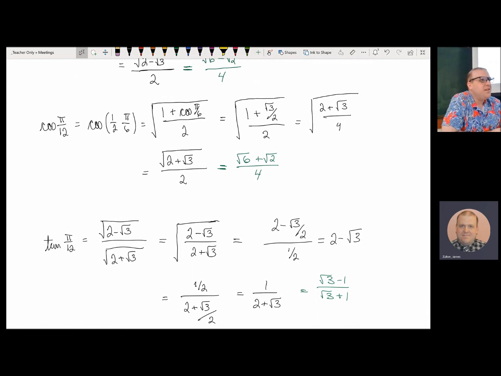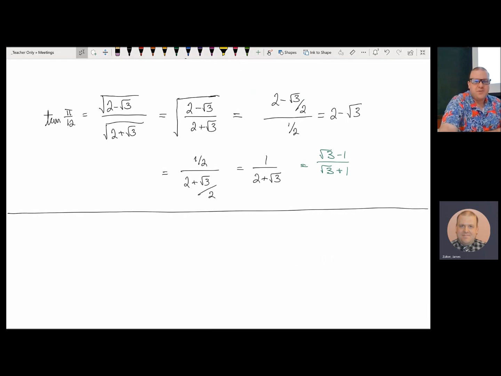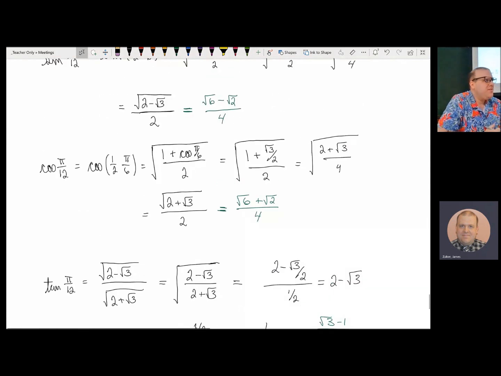Everything just flips in tangent, so I'm not gonna bother doing that. Now you see that depending on which identity you use, because for pi over 12 you can use two identities, either the half angle identity or the difference identity, same answer but different forms.